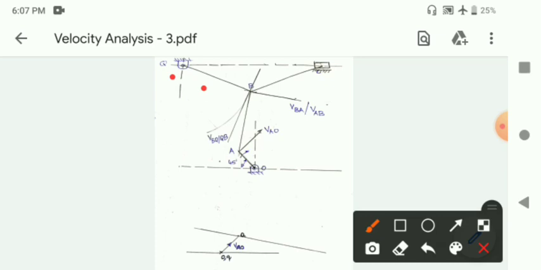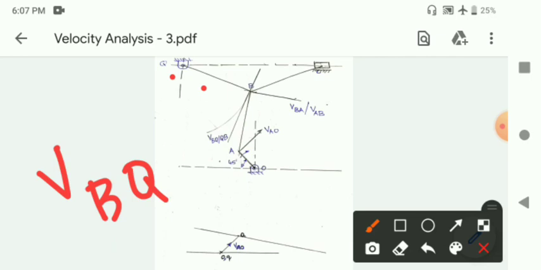Even if it is an oscillating motion, it will be a rotational motion, or an angular motion, about point Q. Regarding the velocity of B relative to Q, we don't know the magnitude and we also don't know the direction.